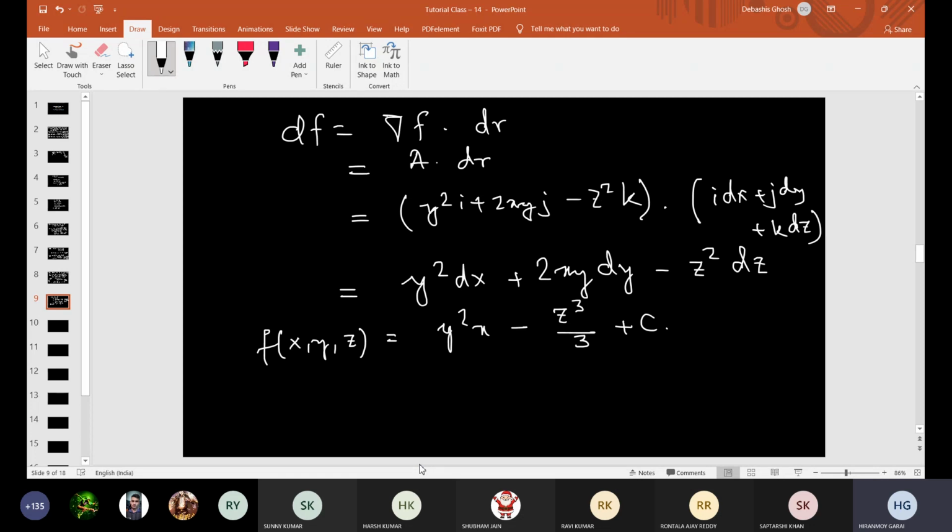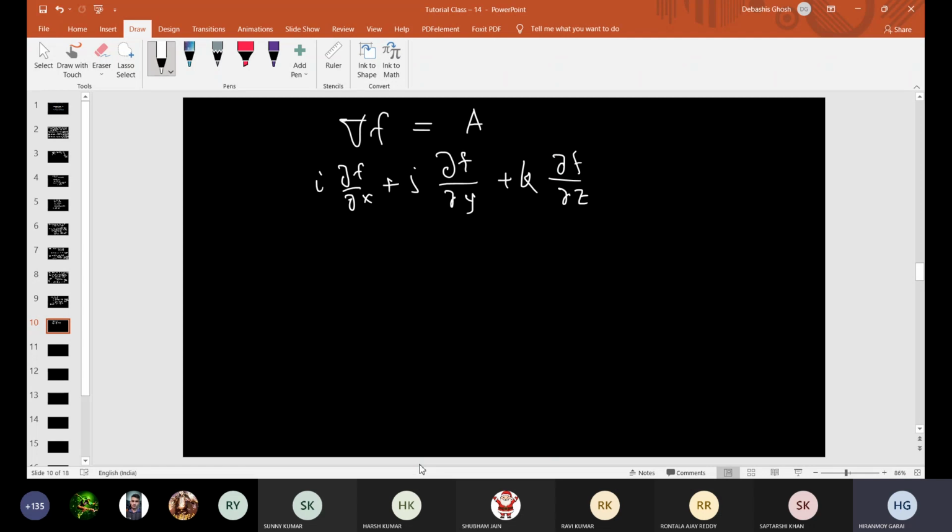There is another process that we can do, but that process comes out lengthier. Suppose you have the vector field, which many times is used as A. Now you just compare them, so that you have i into del f del x plus j into del f del y plus k into del f del z equal to some a1 into i plus a2 j plus a3 k.